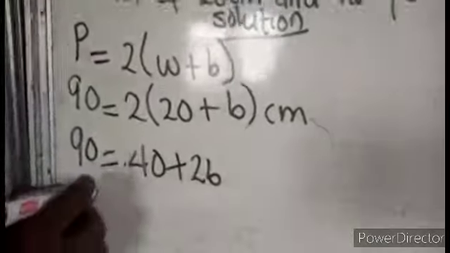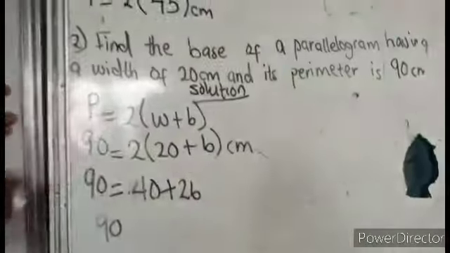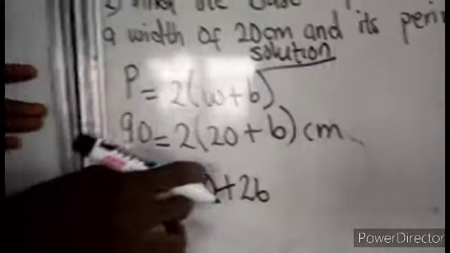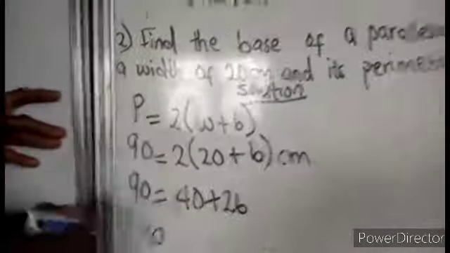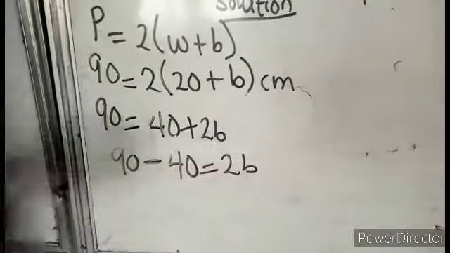So for that we have 90, 40. This 40 here is a positive number, but by the time it comes to this side, it should turn to negative. So we have minus 40 equals 2B.